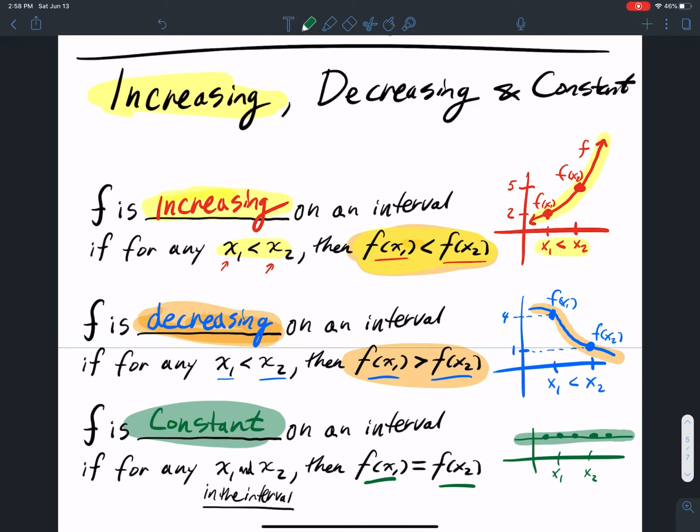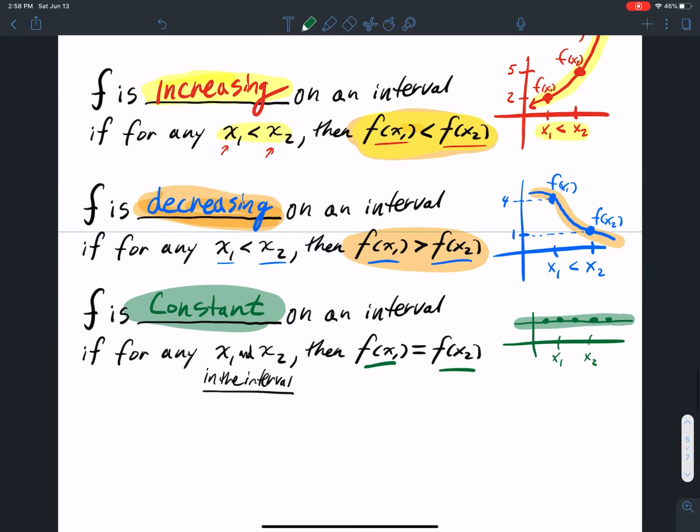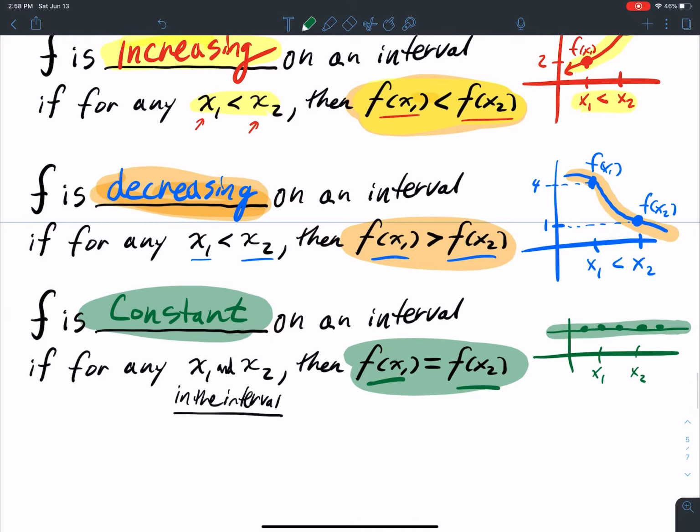And so what we're concerned with is figuring out where these functions are increasing, where they are constant, and where they are decreasing. Truly all you're doing is looking at how the y value is changing. And since you're looking at how it's changing, we're dealing with open intervals.